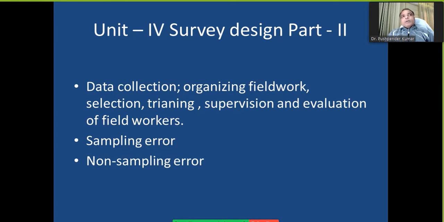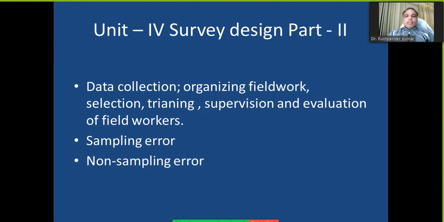Data collection is important not only because of the kind of survey you have, the kind of questionnaire you have, the kind of target respondents you have, but more than that, those who are collecting information on your behalf should have the right kind of training, should follow a code of conduct, and should know how to collect information.